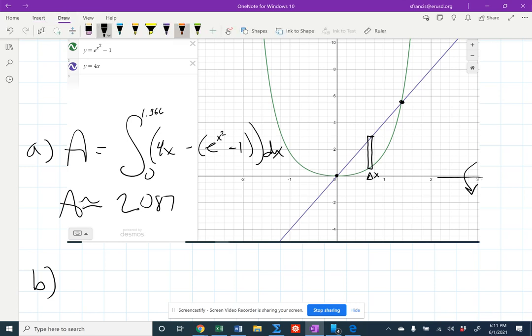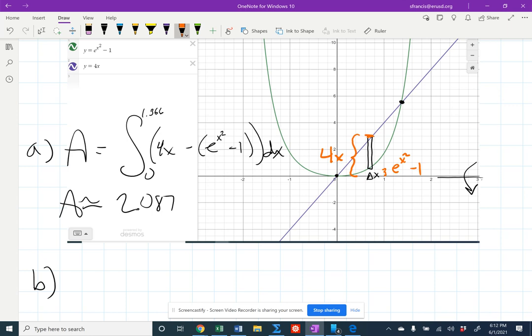We have our outer radius, which is the further edge. The distance that further edge is to the axis of revolution is just the top function 4x minus 0, so this is 4x. The inner radius, which is this bit right here, is just our e to the x squared minus 1.